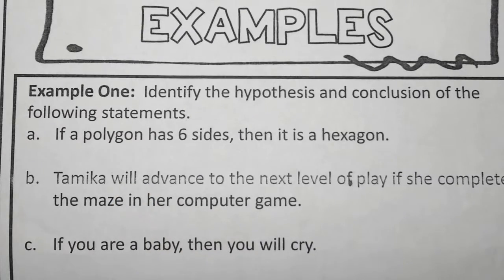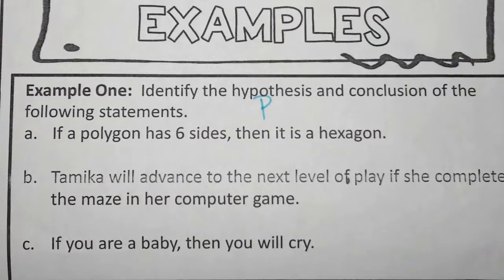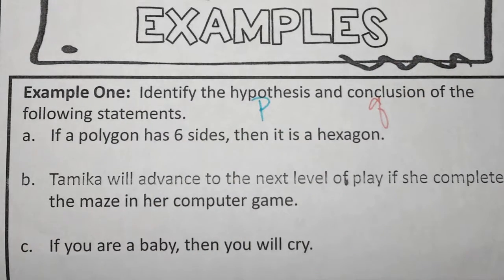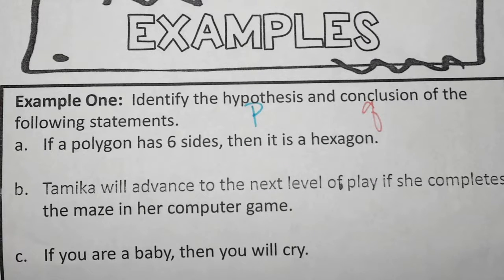Okay, so let's start with example 1. It says identify the hypothesis and the conclusion. Okay, so let's look at these conditionals. They're in the top drawer of your tower. It's binder clipped with geometry. Alright, so this says if a polygon has 6 sides, then it is a hexagon.